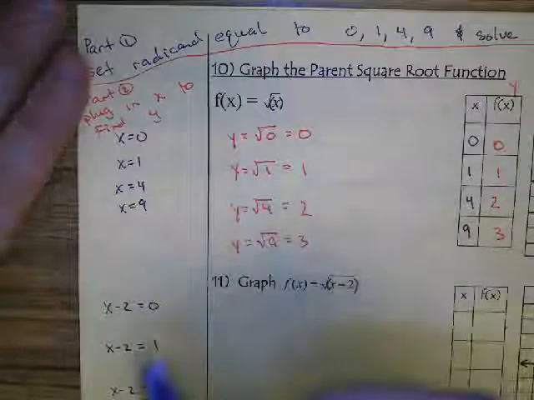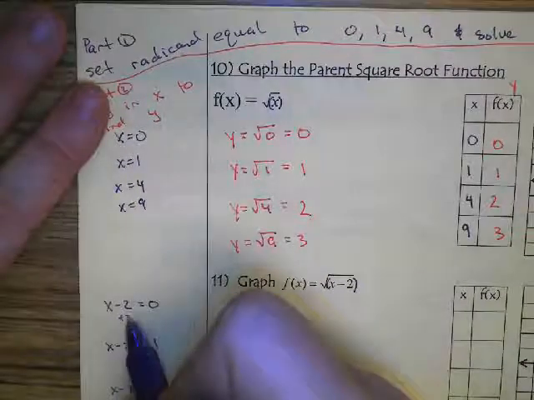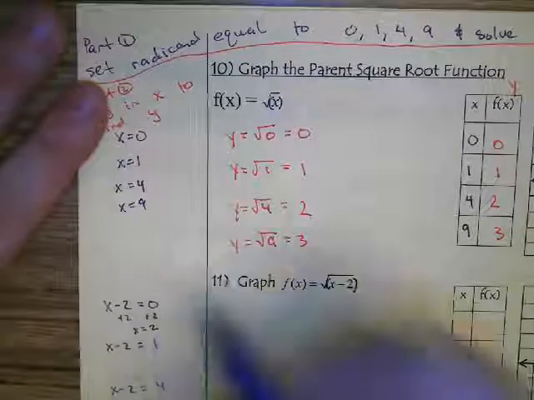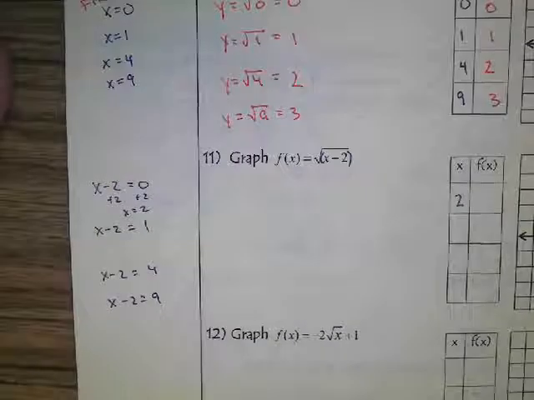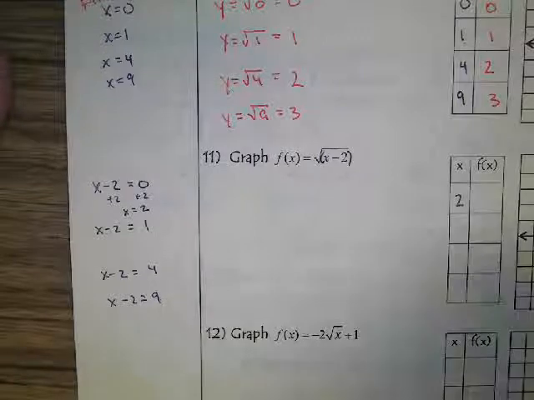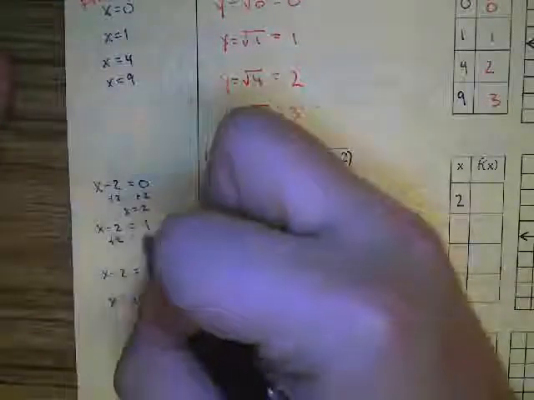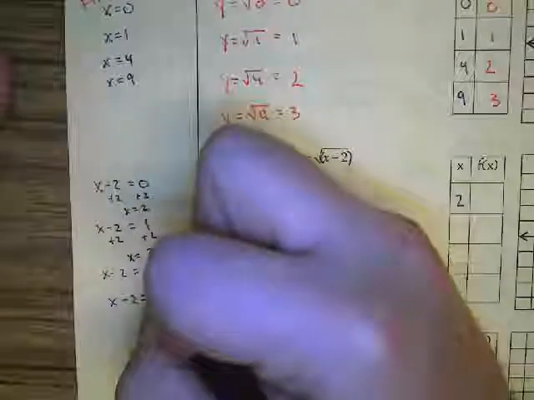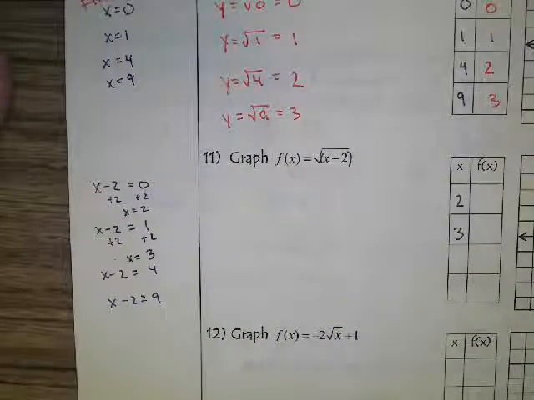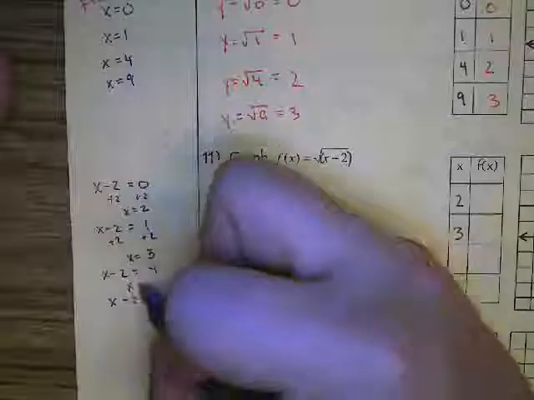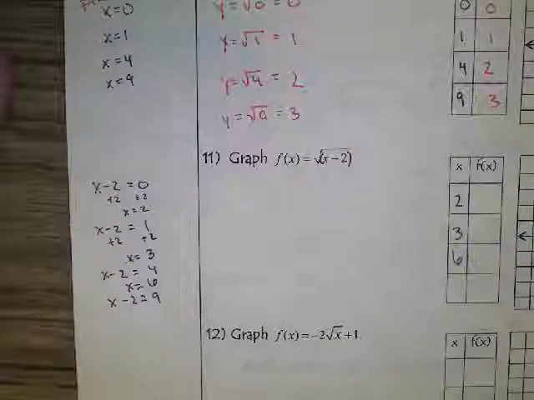Now when I'm solving for these, we just add 2 to both sides, and I get x equals 2. So there's my first value to plug in. Then I add 2 to both sides for this one, and I get x equals 3. So there's my 3. This one implies that x is going to equal 6, so there's my 6.